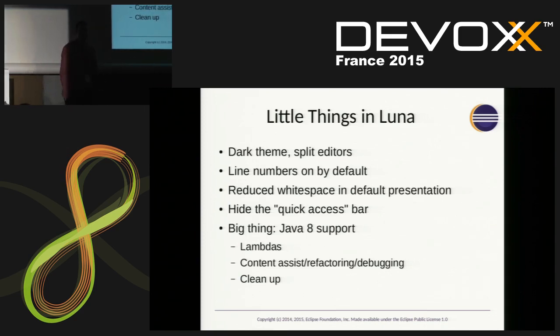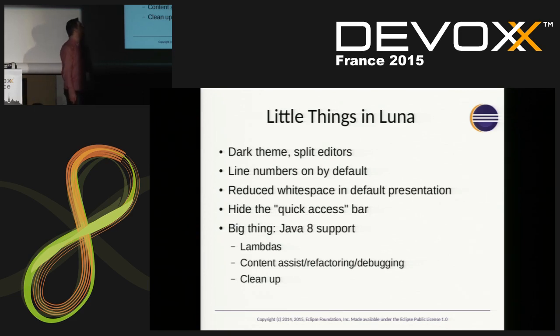We also got a great deal of goodwill because of the dark theme, which works really well on Windows. Linux users are not quite so excited. With Luna, that's improving. We're continuing to improve the theming ability within Eclipse. Again, things like being able to hide the quick access bar. Again, people love that stuff, and I'm not quite sure why.